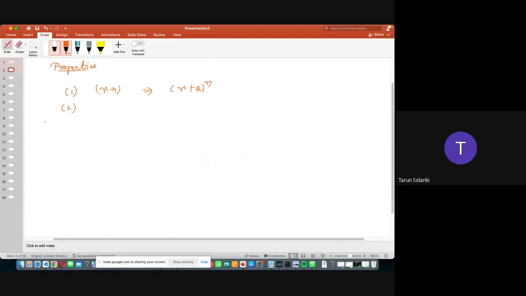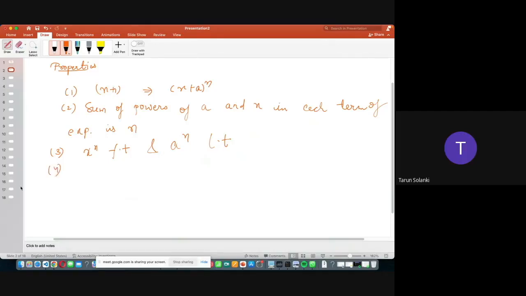Okay, next, the sum of powers of a and x in each term of expansion is n. Okay. Next, third property, the first and the last term being x to the power n, which is your first term, and a to the power n, which is your last term.